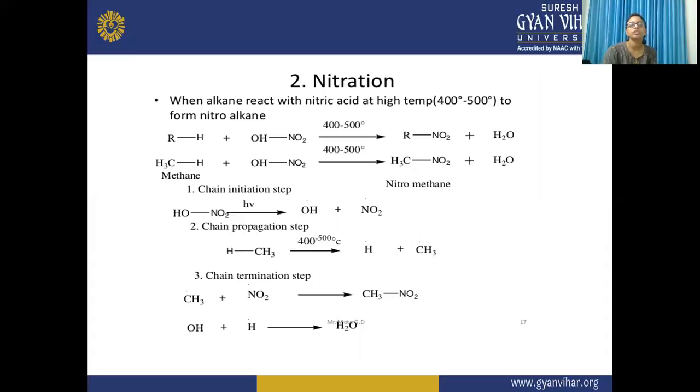So in the last step, chain termination, which is a stoppage for the reaction, this CH3 radical and this NO2 radical will react with each other and form CH3NO2. So here nitromethane is formed, and OH will combine with H, and there is a formation of a water molecule.